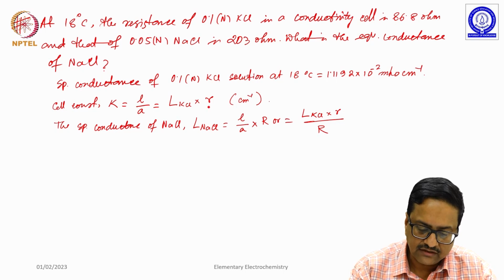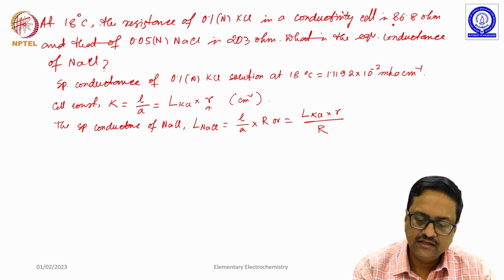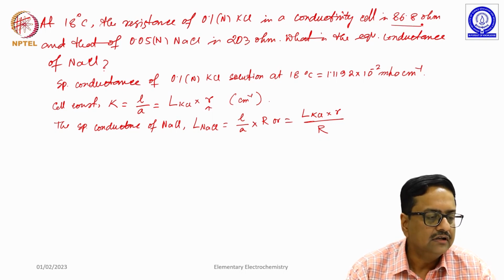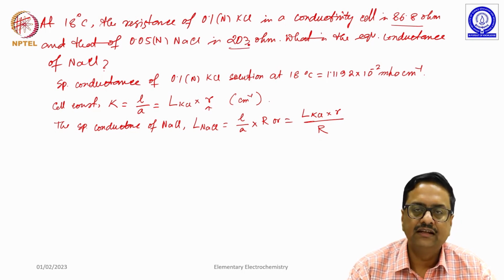That small r is the resistance of the solution of KCl, and capital R is the resistance of NaCl.